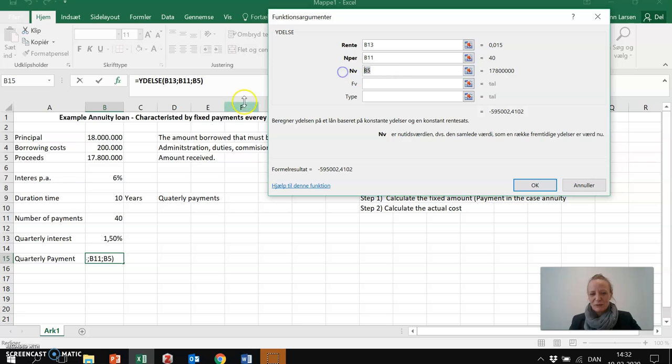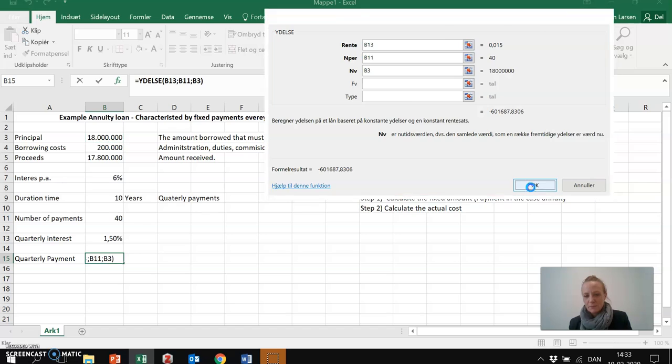The present value of this right now is the principal, sorry, because that's the whole loan you have to pay back. Let me just rethink what I said here. So the present value, PV, for what you have to pay back over 40 payments at an interest of 1.5 is 18 million. Okay, sorry for the mistake, but now you remember.